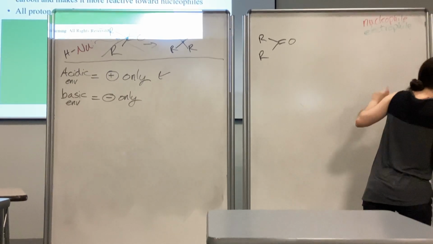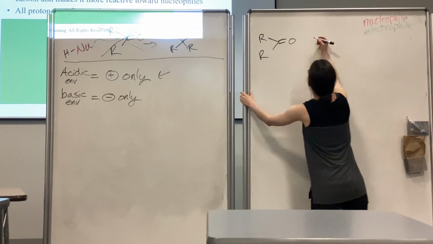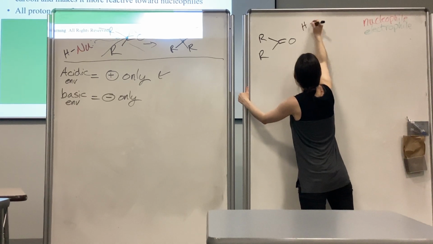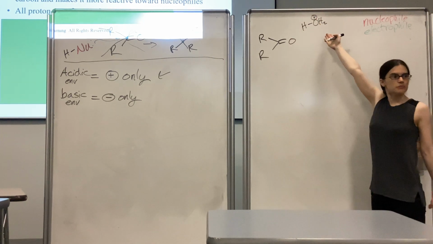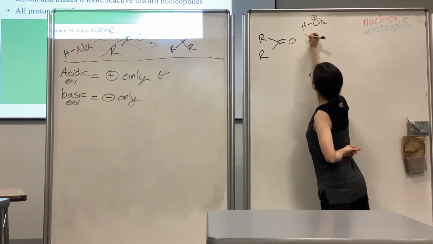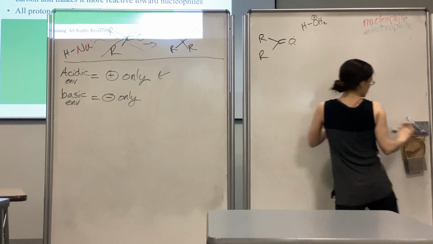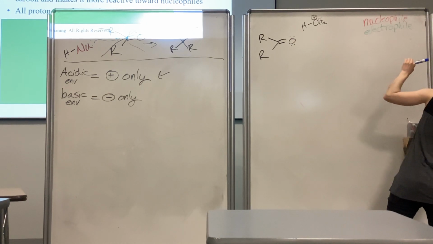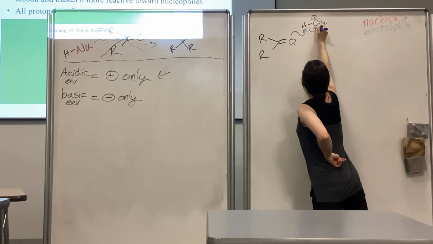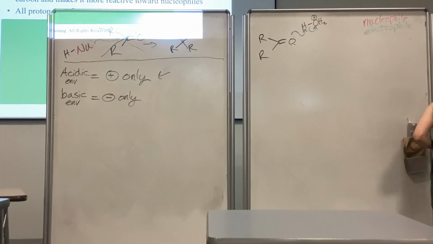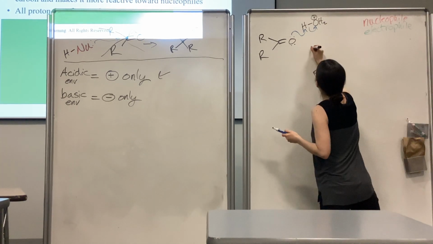So the way we fix that is we put it in an acidic environment. And we go, hey, how about, oh, we protonate that guy first, because there's no rule against that.